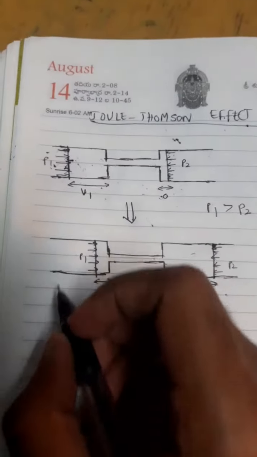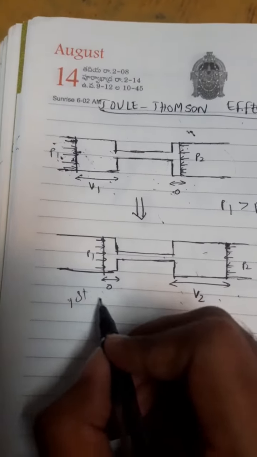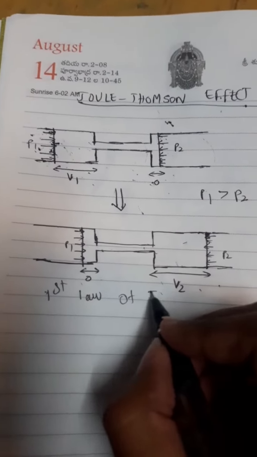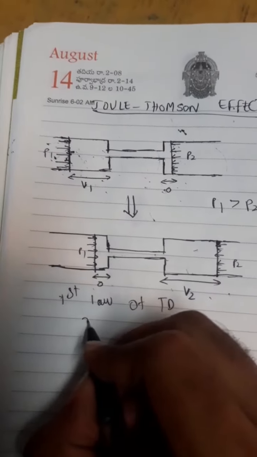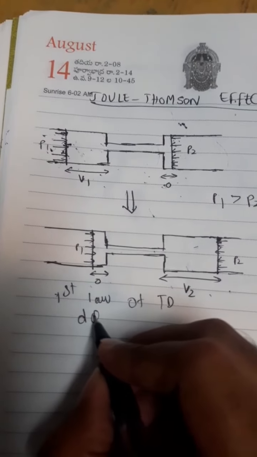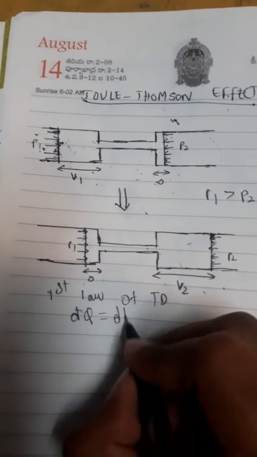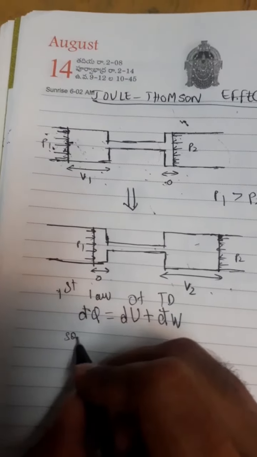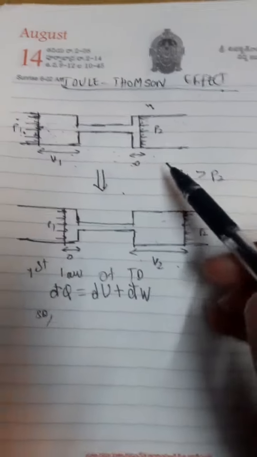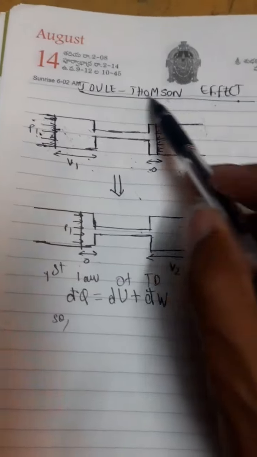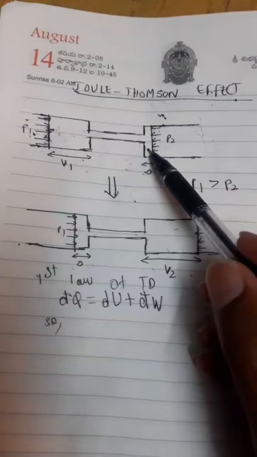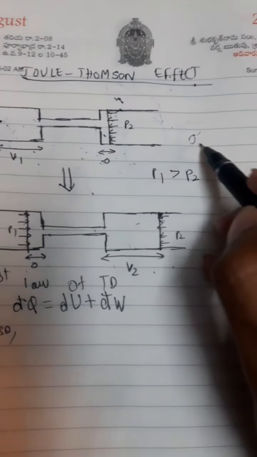So we are going to apply the first law here. dQ is equal to dU plus dW. We are going to assume an important case here where this entire setup is insulated, so there is no heat transfer, so this whole setup is adiabatic.